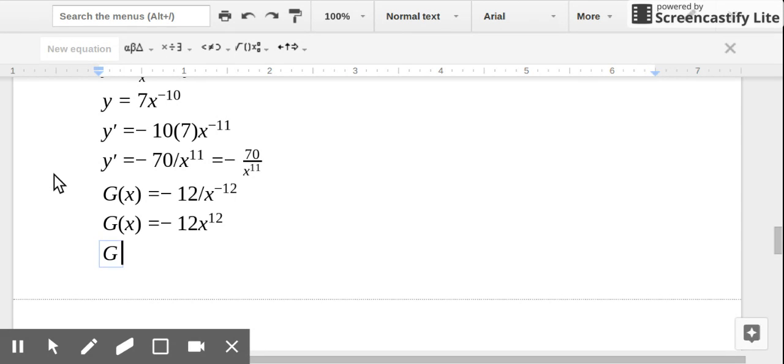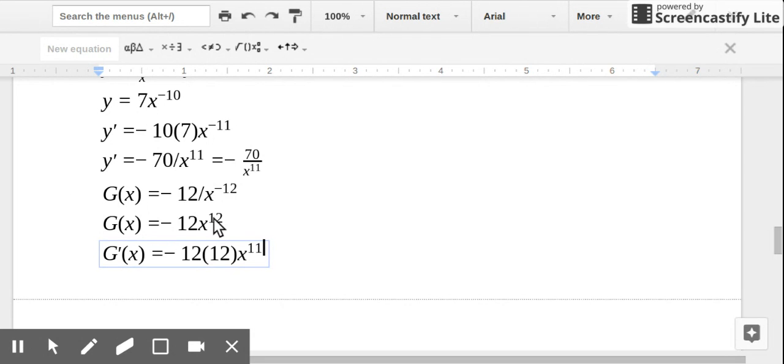We're going to write g prime of x is equal to, taking that 12, bringing it out front. I'm going to leave that negative there. And we have x raised to the 11.